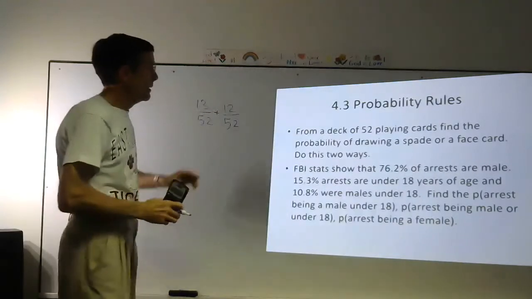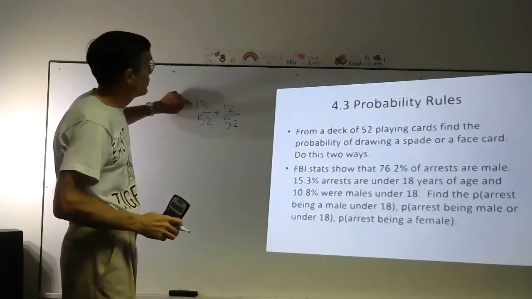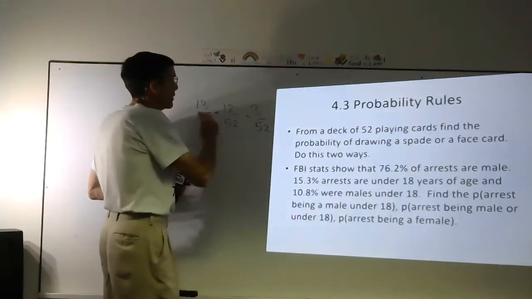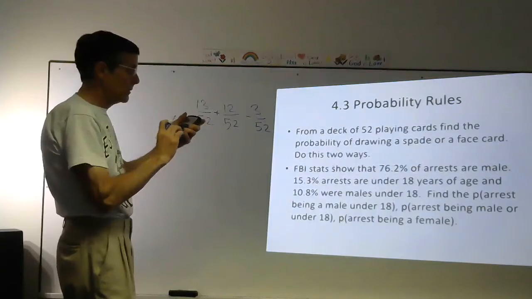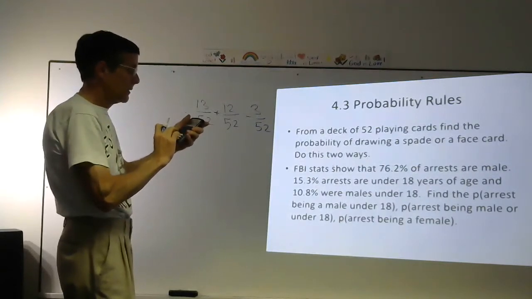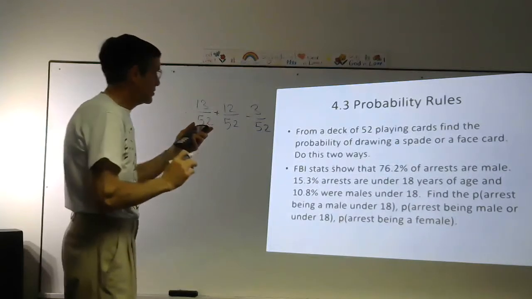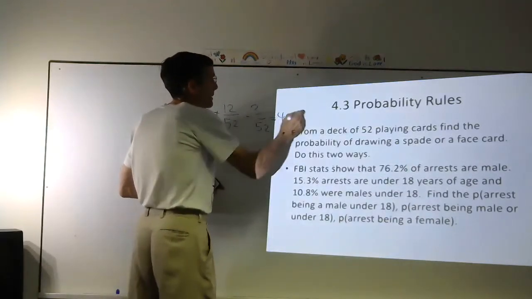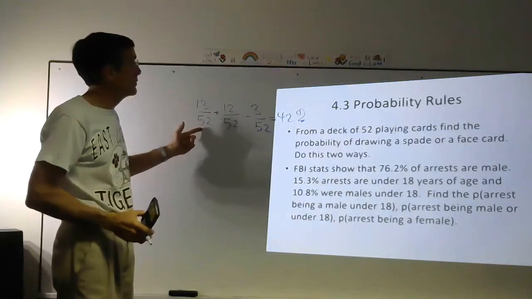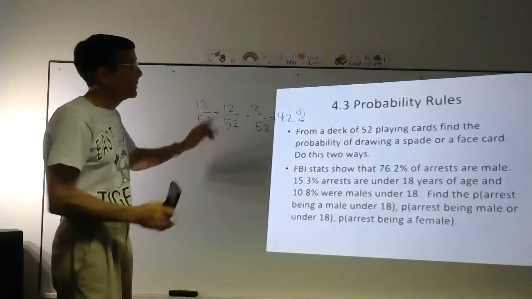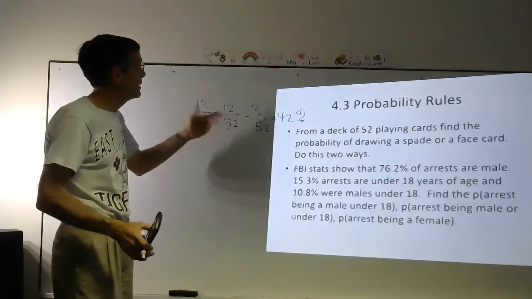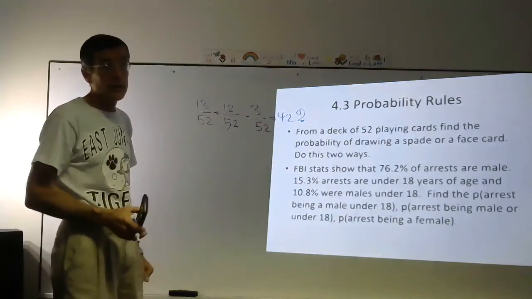But hold on, we counted the spade face cards twice, so I have to subtract the 3 spade face cards and get 22 out of 52, which is about 42%. The other way you could do it is say spades, 13 out of 52. Or getting a face card, but I'm not going to count the spade face cards, so there'd only be 9 here. 9 plus 13 is 22, and it's the same thing.